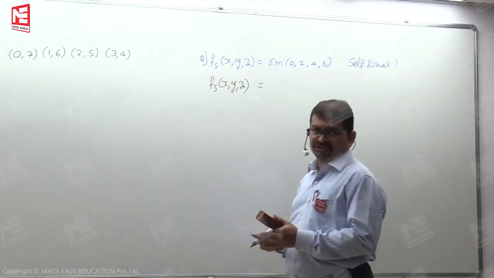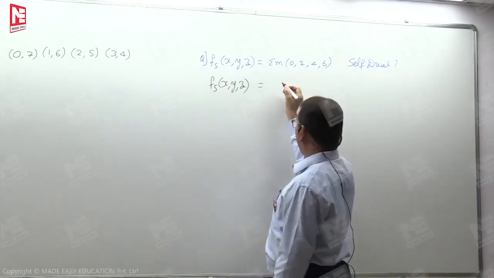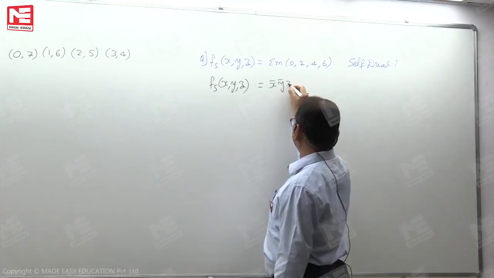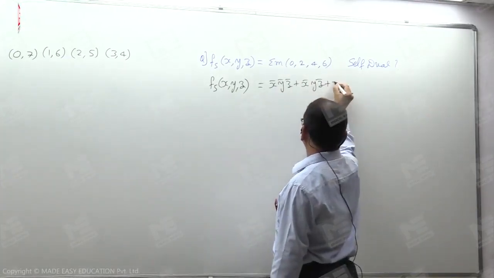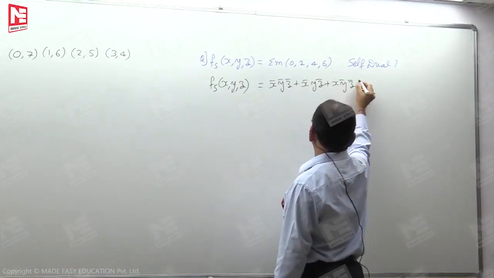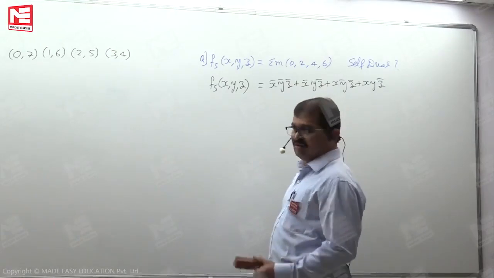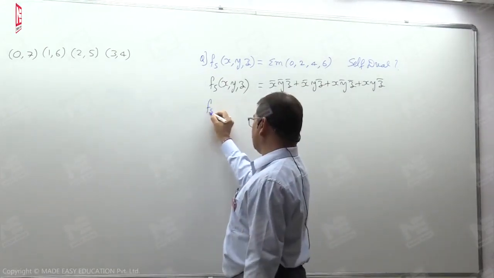The expanded canonical SOP form is x complement y complement z complement, or x complement y z complement, or x y complement z complement, or x y z complement. Now let us write the dual operation on this function.